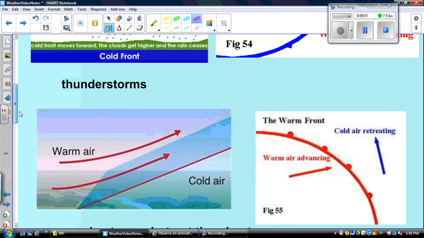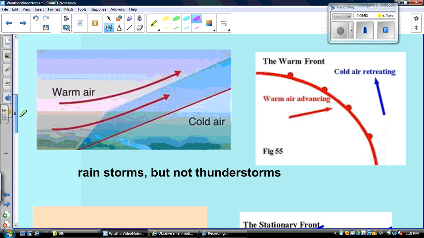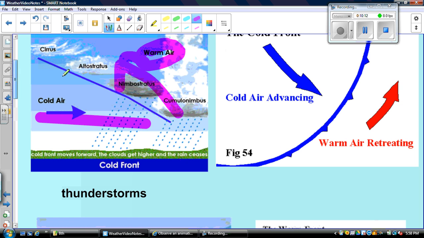Thunderstorms. A warm front is when a warm air mass meets a cold air mass. Now, when this happens, because again the cold air is denser and the warm air is less dense, the warm air will rise. However, there's a difference between a cold front's warm air rising and a warm front. In a cold front, the warm air rises really quickly and very steeply because the cold air is the one that's moving in.